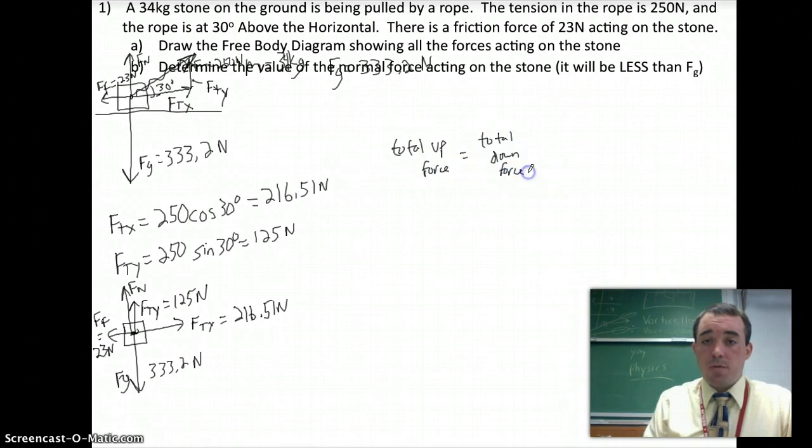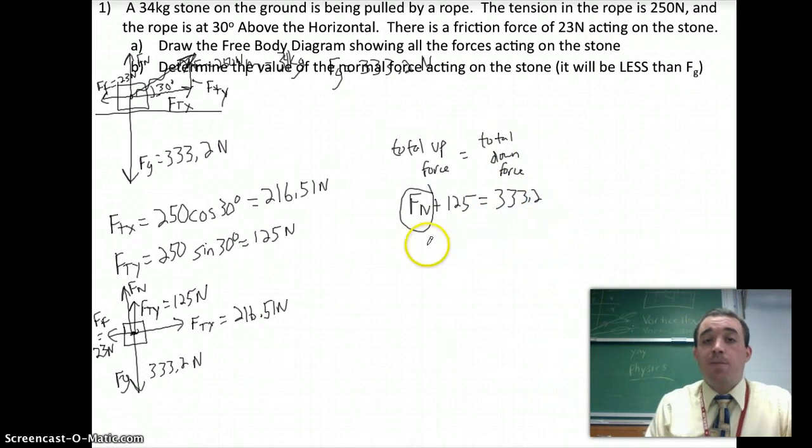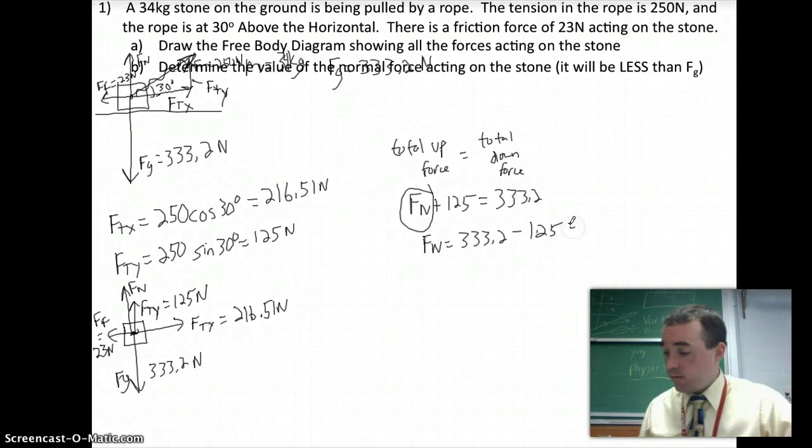My total up force is normal force plus 125. They're acting in the same direction, so they get added. My total down force is 333.2. So I solve for the normal force. Normal force equals 333.2 minus 125.